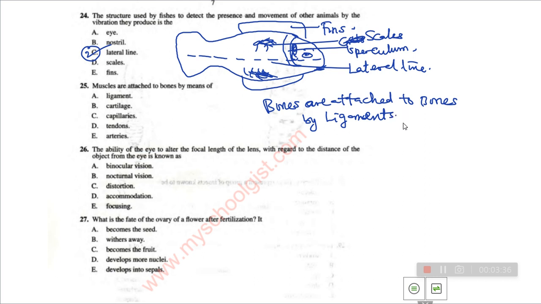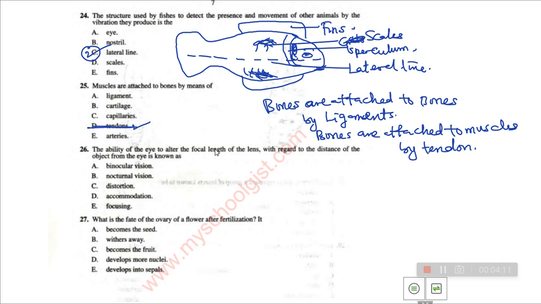Muscles are attached to bones by tendons. So please take note of that. So our answer here is option D. That is, the muscles are attached to bones by means of tendons.